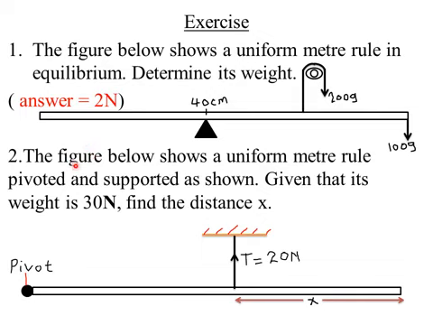Example exercise 2 reads, the figure below shows a uniform meter rule pivoted and supported as shown. Given that its weight is 30 Newton, find the distance x. So here we have our force T, which is 20 Newton acting upwards. Also, just to give you a clue, the weight will act at the 50 centimeter mark.